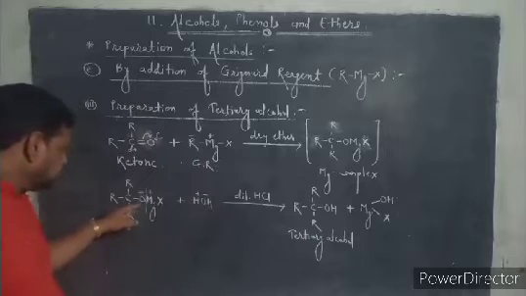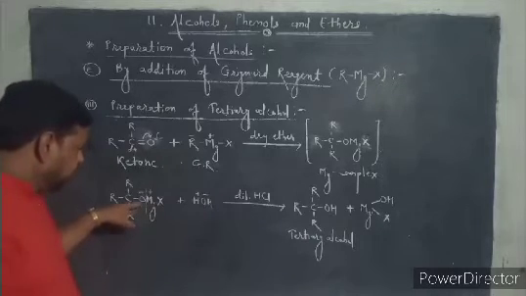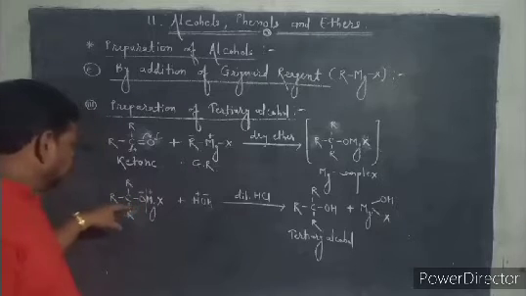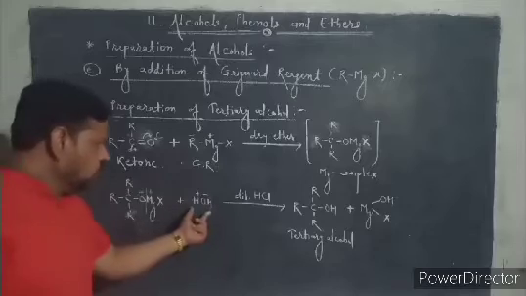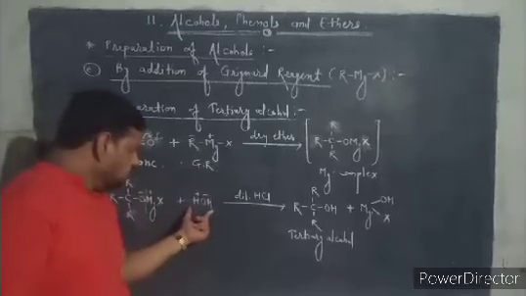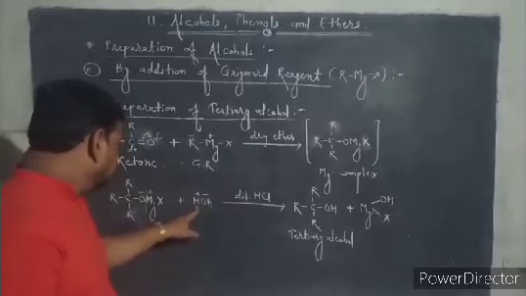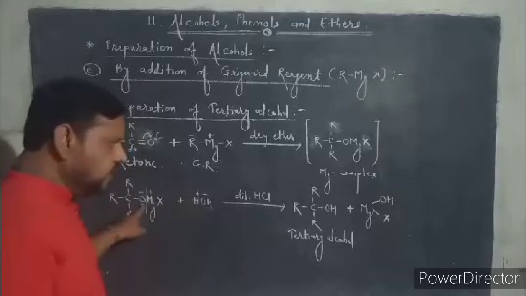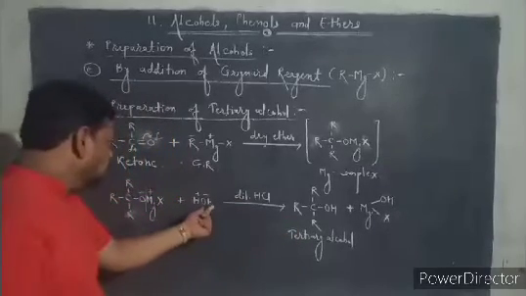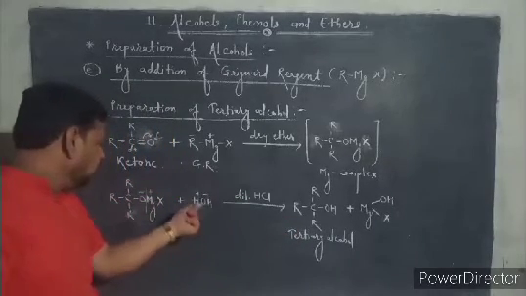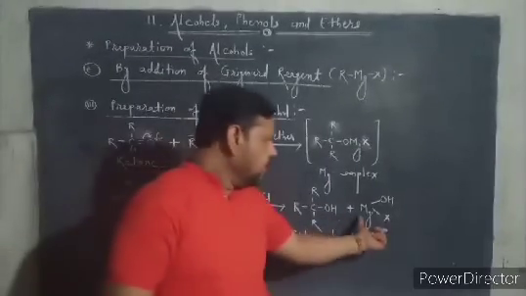See here, this magnesium complex dissociates in this way, O negative and MgX positive. Then water also dissociates, H positive and OH negative. The H positive ion gets attached to this oxygen atom and it gives the tertiary alcohol. Okay, and the OH negative ion gets attached to this magnesium positive and it gives the byproduct.